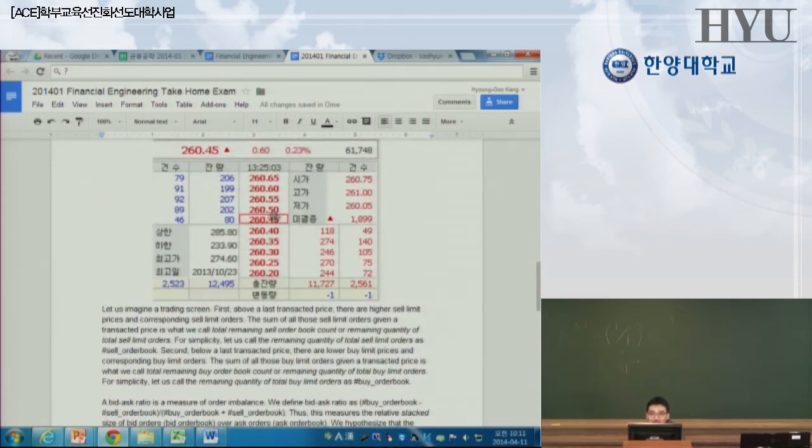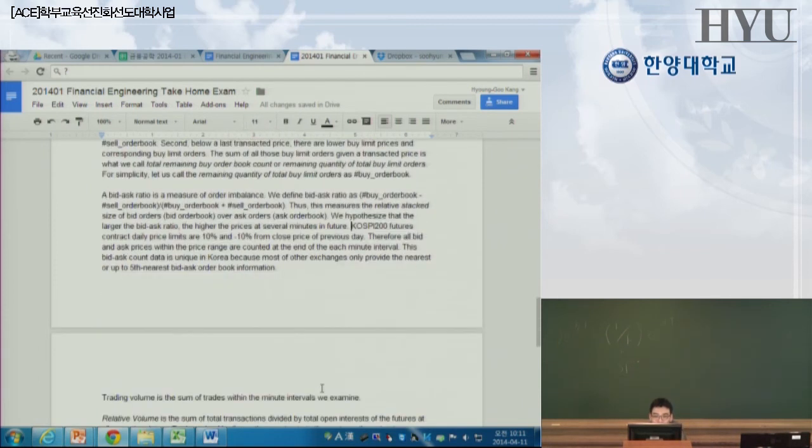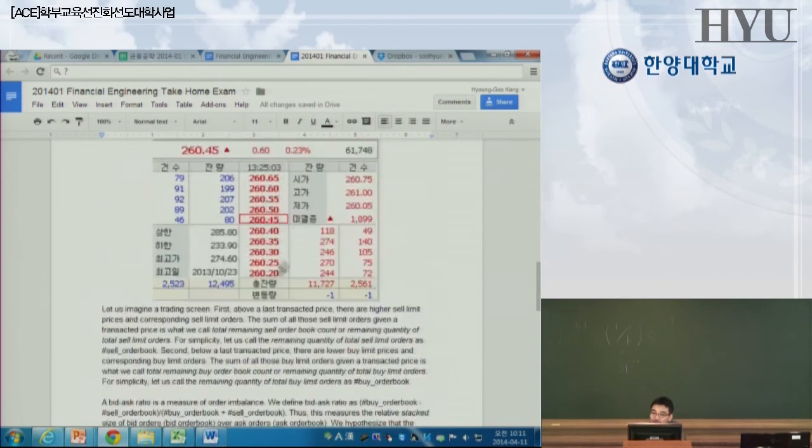In this table we have only 5 prices, but we need more, covering the plus or minus 10% range of the previous closing price of the future. This bid-ask count data is unique to Korea, because most exchanges provide only the nearest 5 levels of bid and ask information like this.